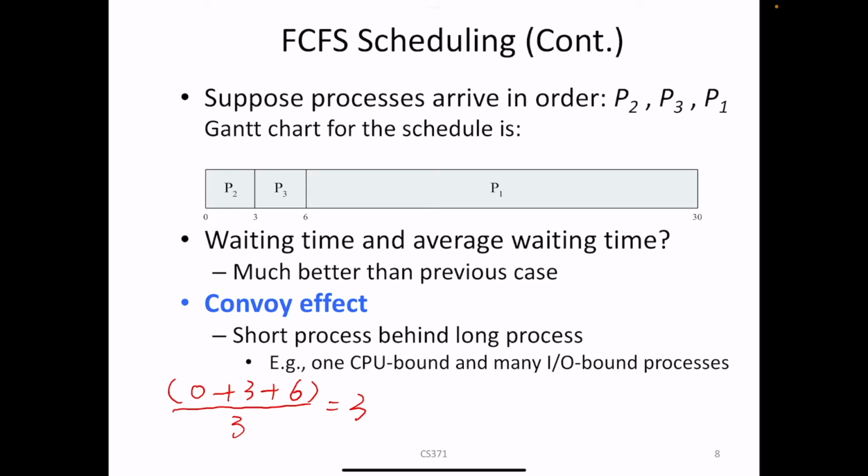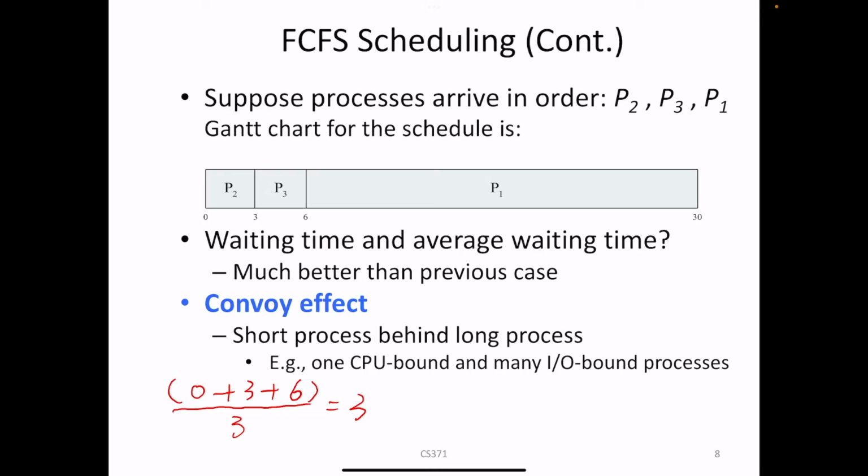Then P3 is put onto the CPU and executes for 3 time units. Therefore, P3 will be finished at time 6. Then P1 is put onto the CPU and executes for 24 time units. So P1 will be terminated at time 30. Then let's calculate the waiting time and the average waiting time.